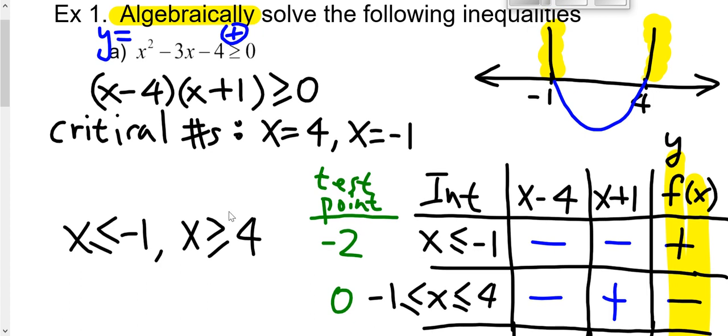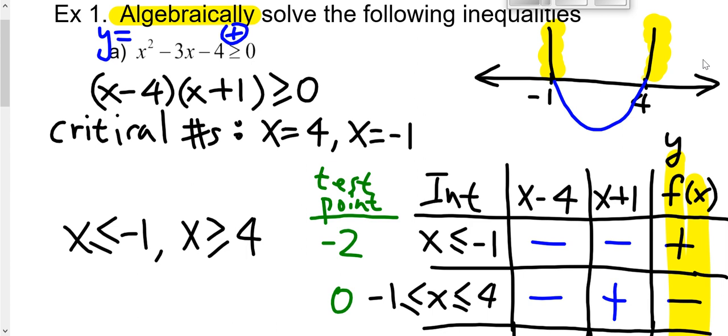If you look at the answers that we just figured out algebraically, x is less than or equal to negative 1, right on. Anything less than or equal to negative 1 here is correct. And x is greater than or equal to 4. Anything 4 and above here is also correct.